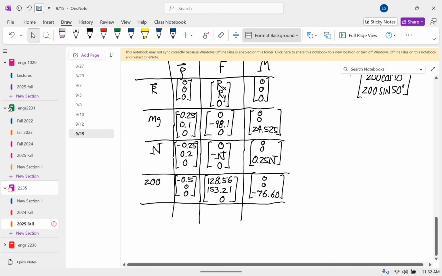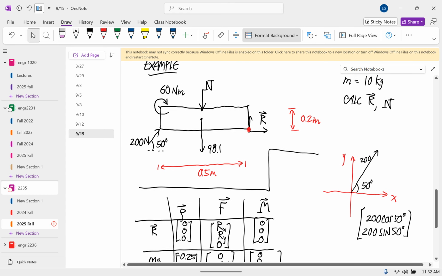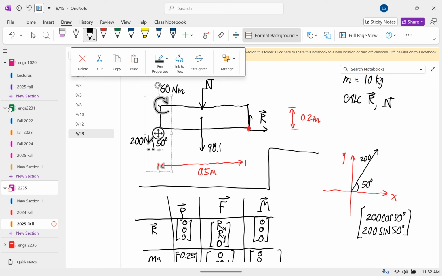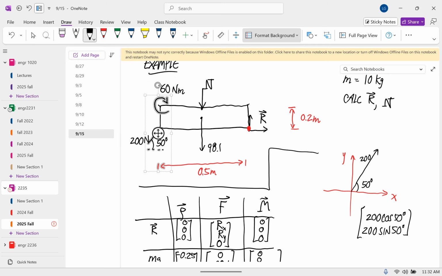And then the last thing that we have to put in is this couple. Okay? And so we have to think about the direction, but since this moment is produced by a couple, it doesn't matter what the about point is. So we don't have to think about the about point at all.